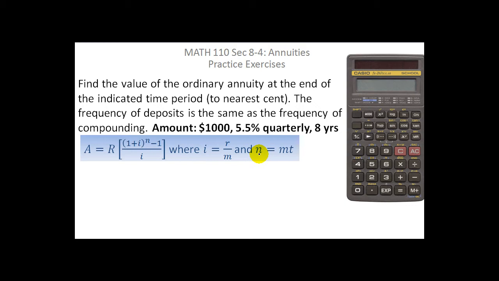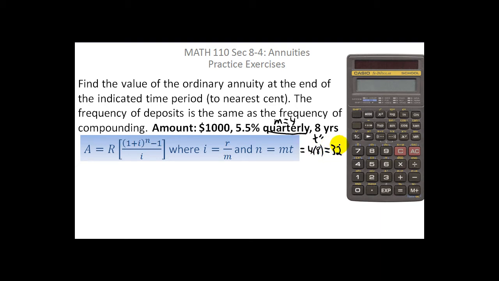In this problem it's quarterly compounding, and that automatically means that M is equal to 4. Quarterly is 4 times a year. And I know it's for 8 years, so that's the value of T. So that tells me immediately that N is 4 times 8, or 32.